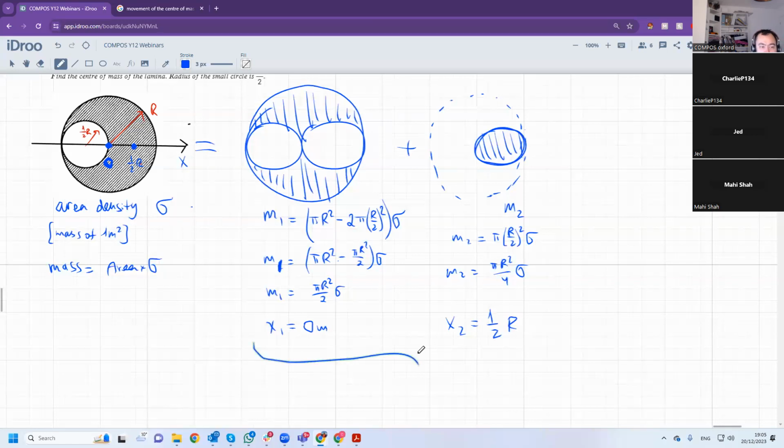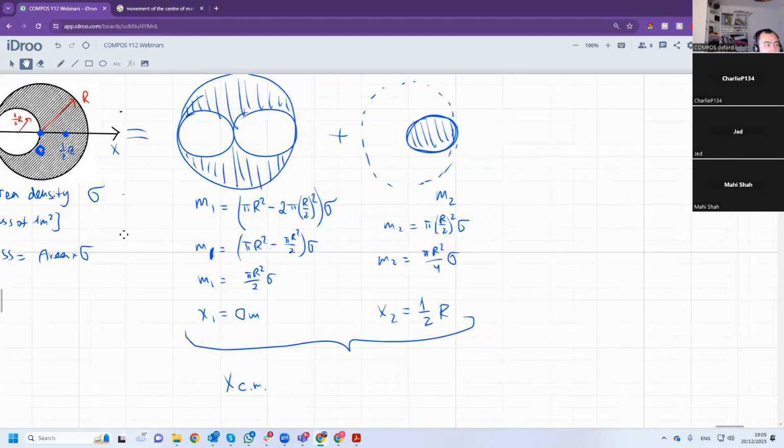Now from here, we can work out the center of mass. X center of mass is going to be m1 x1 plus m2 x2 divided by m1 plus m2.